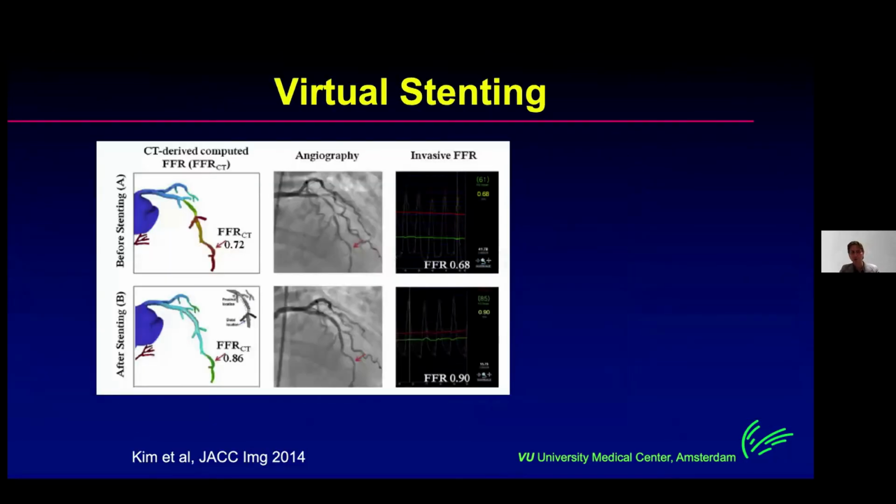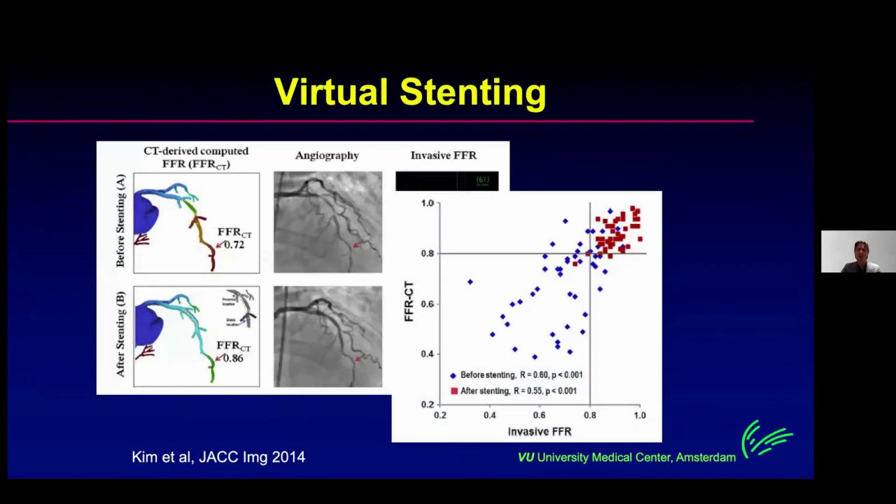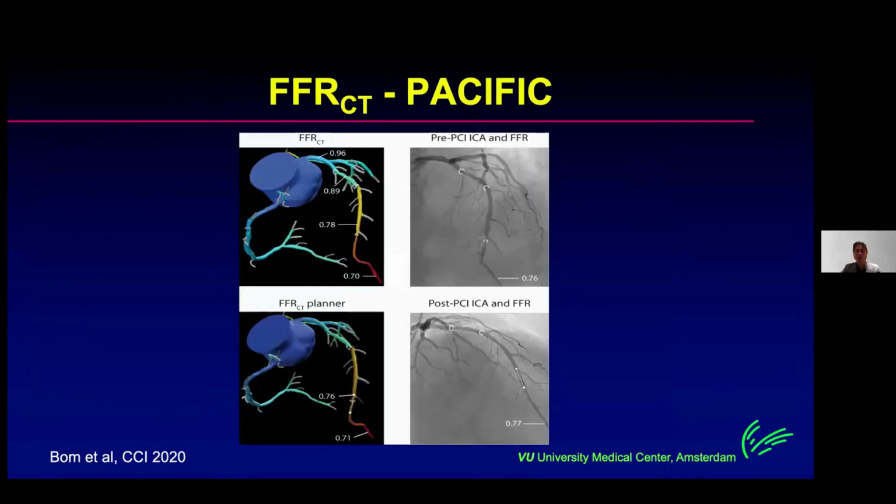We have studies dating back to 2014 saying, okay, you can sort of predict what virtual stenting is going to be. This worked pretty well. We did pretty much the same in the sub-study of the FFRCT in the PACIFIC trial, trying to use the FFRCT planner. This has been published in CCTA in 2020, not so long ago.